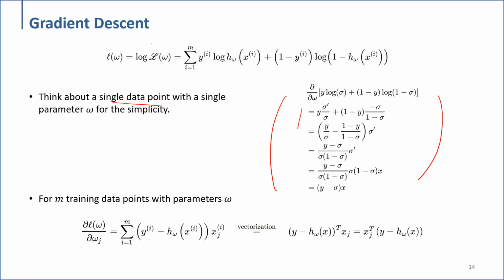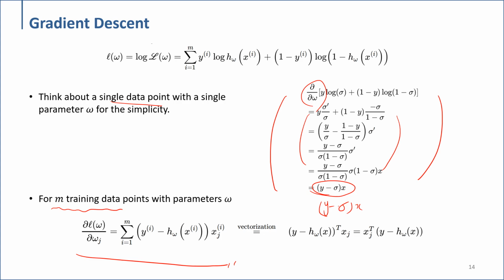You may do this calculation by yourself, and as a result we obtain the final form of the partial derivative, which is just y minus sigmoid x. For m training data points, for the generalization, we can obtain this format as like this.